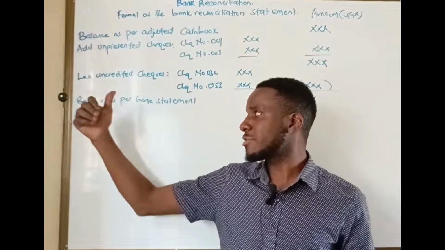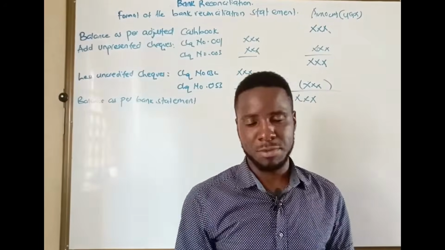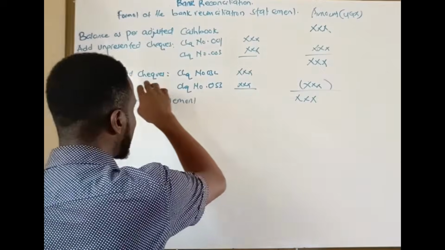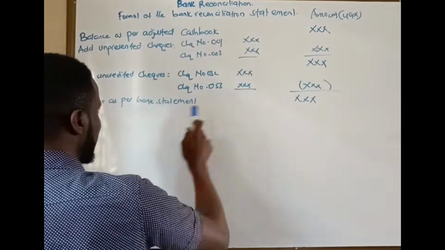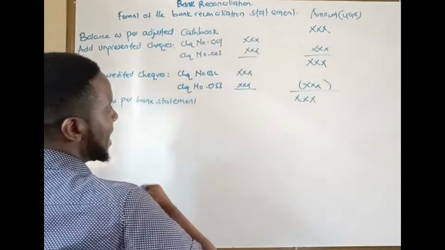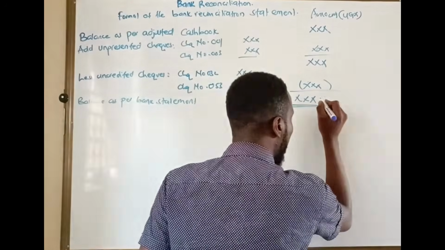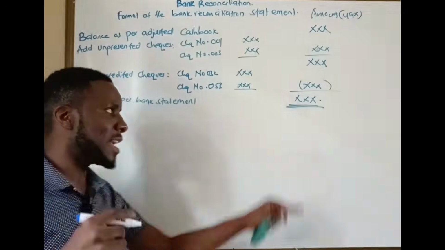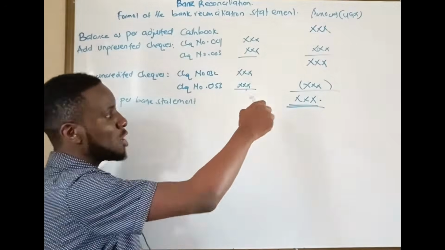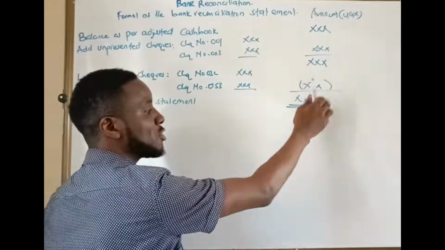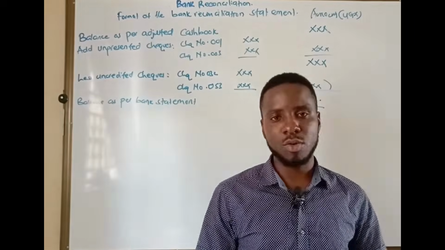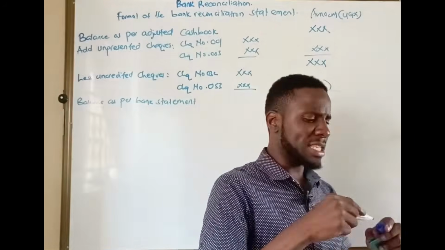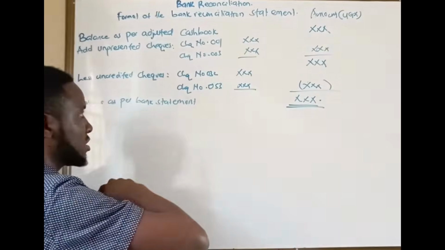So you come and list them. When you take them off, you're going to get the total balance as per bank statement. Now, that means this balance we have here should be the same balance on our bank statement. So, when we do this, it means at the end of the day, our bank statement and cash book have reconciled. Ladies and gentlemen, this is how we do the format of the bank reconciliation statement.